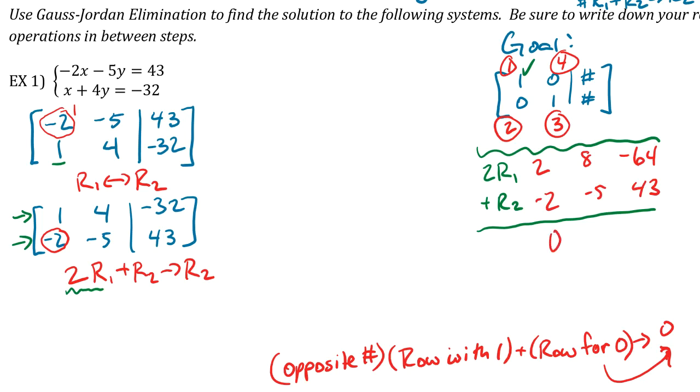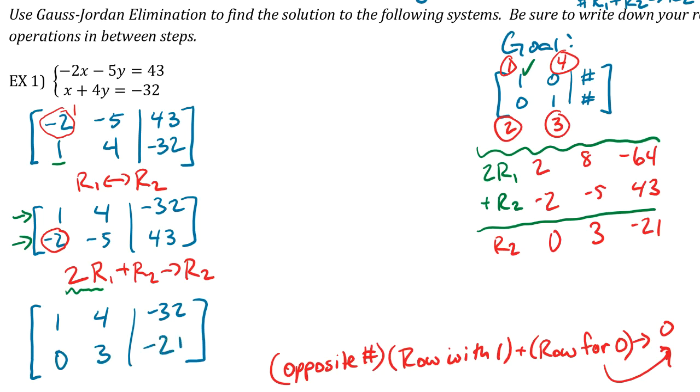Add those up and we get 0, 3, negative 21. And that's going to be our new row 2. So, row 1 didn't change at all. But row 2 is now 0, 3, negative 21. And that gets us that 0.